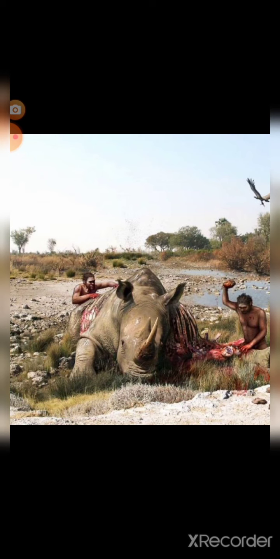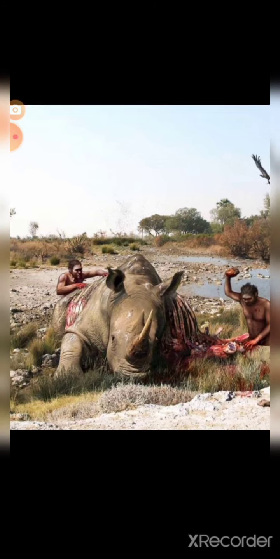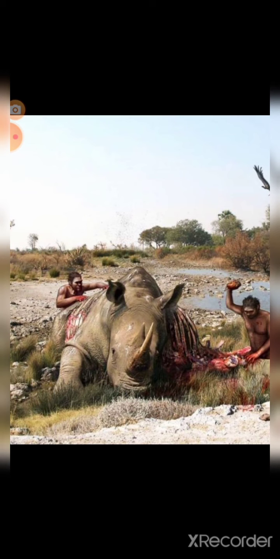All of you know, they lived in forests like animals, in forests and caves. When the early human beings lived in these forests, they had to face many problems.